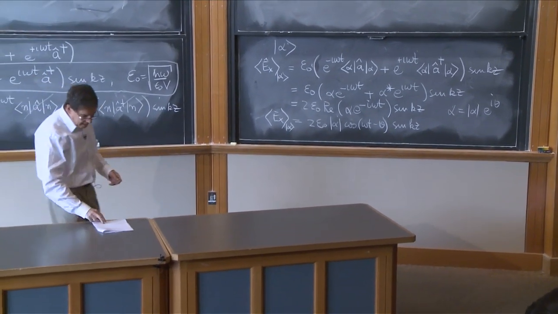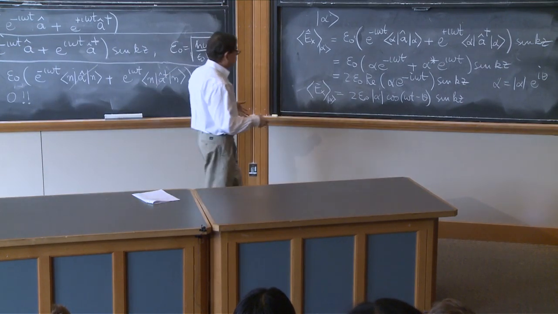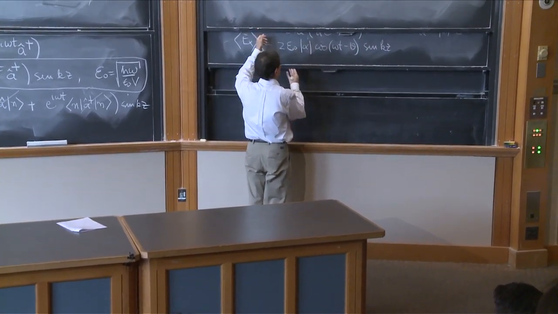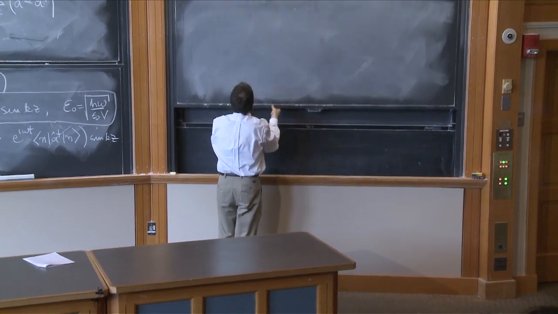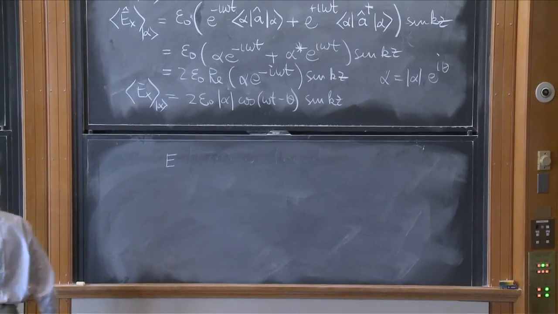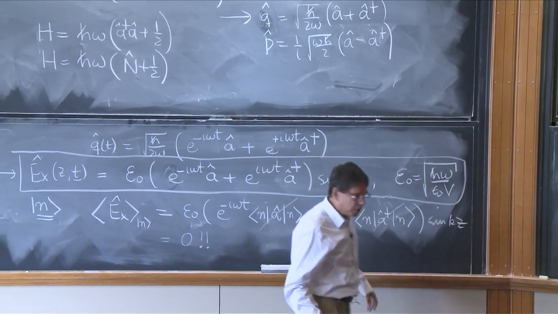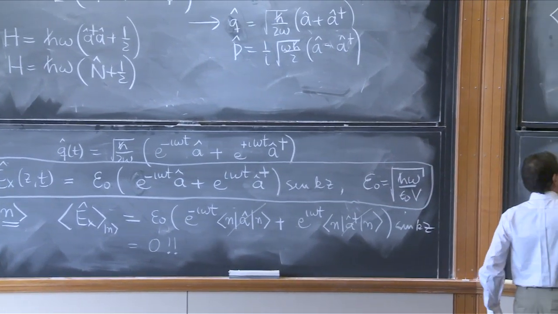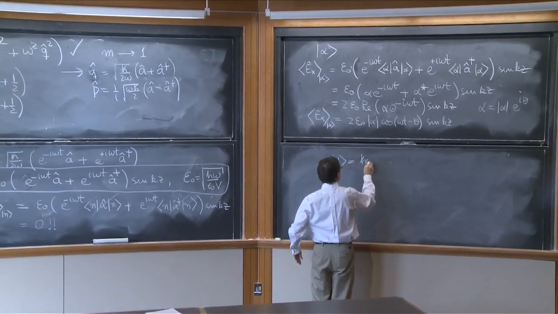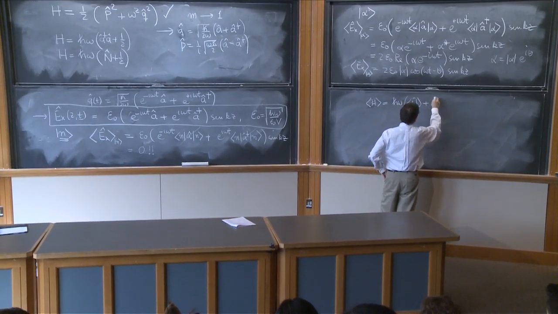So it's a classical wave, and nevertheless, it has a good description classically and a good description quantum mechanically. It's a coherent state, and its energy is the expectation value of the Hamiltonian. The expectation value of the energy, let me write it as expectation value of H, is h bar omega times the expectation value of N plus 1/2.